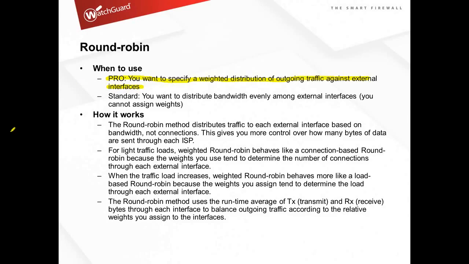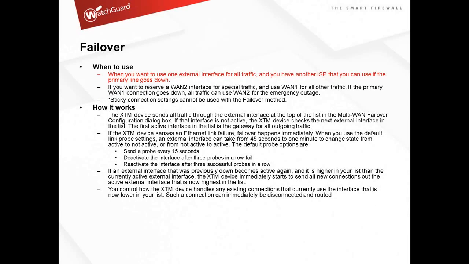Or maybe you only have a Standard, so that would be a 2 series, and you want to distribute bandwidth evenly among external interfaces, and you can do that today. So that's a little bit on how round robin works, and again I'll show you. I don't want to spend too much time on the slides. We'll show you more in depth.